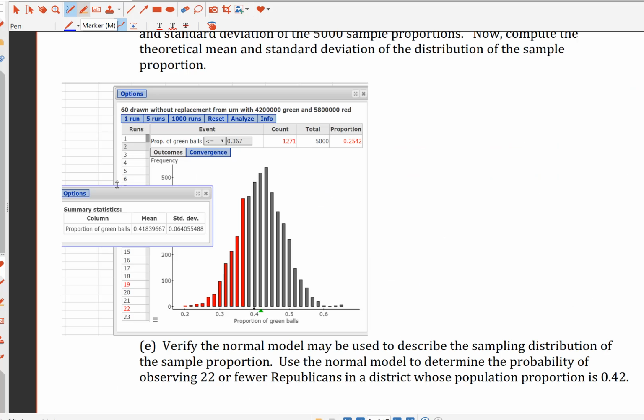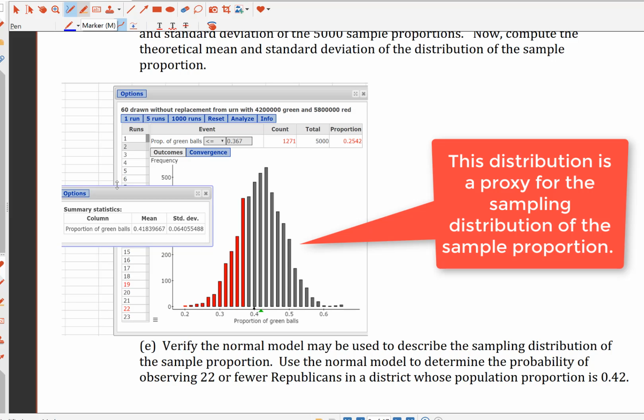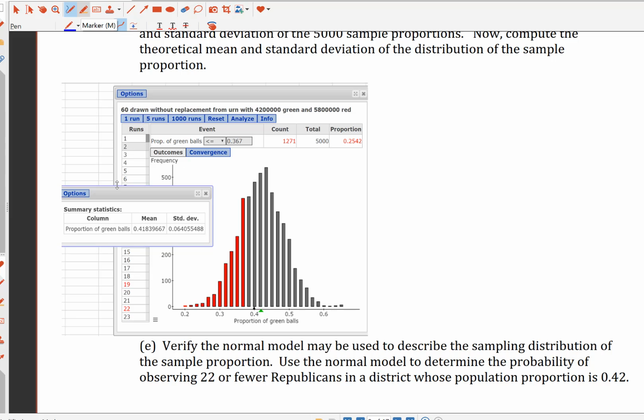Do you remember how to find the mean and the standard deviation of the distribution of p hat? Essentially what you're seeing on the screen there, that little histogram, is a proxy for the sampling distribution of p hat, because that represents 5,000 different sample proportions.